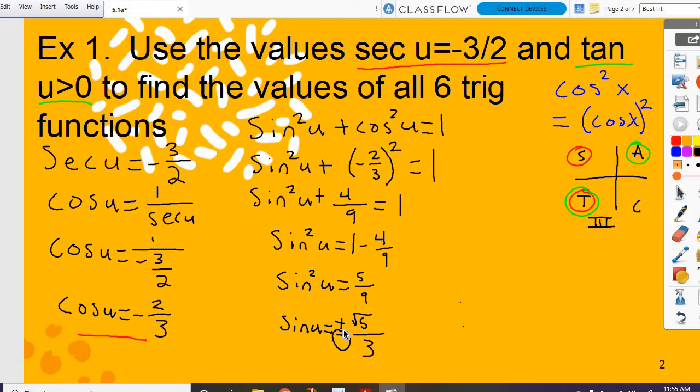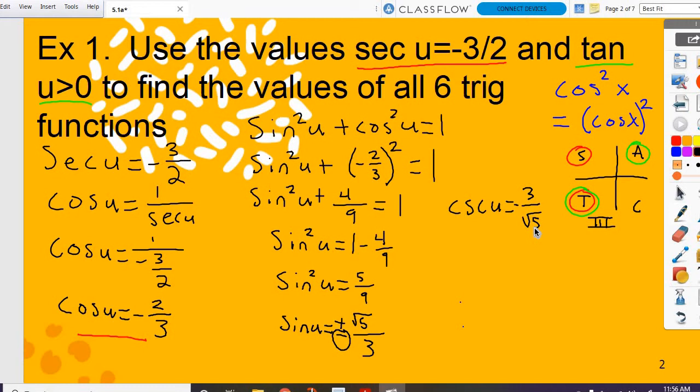Alright. So then once we have sine, what would another function that would be easy to find from sine? Using one of our identities. Cosecant, right? Because cosecant is going to be the reciprocal of this one. So we would have cosecant of u going to be negative 3 divided by the square root of 5.